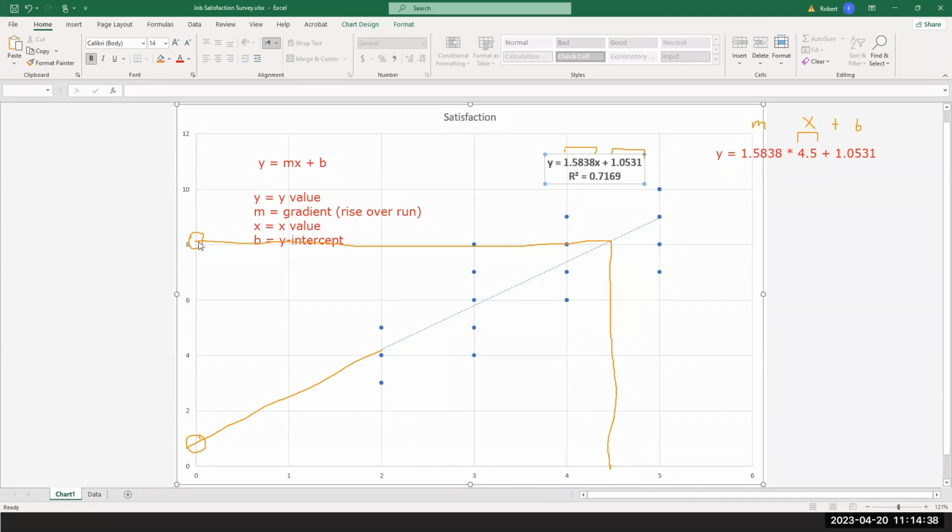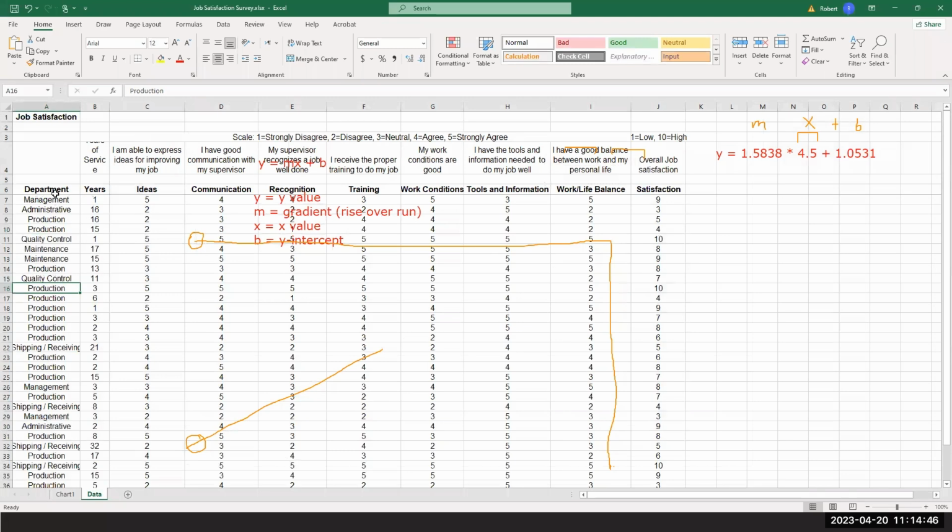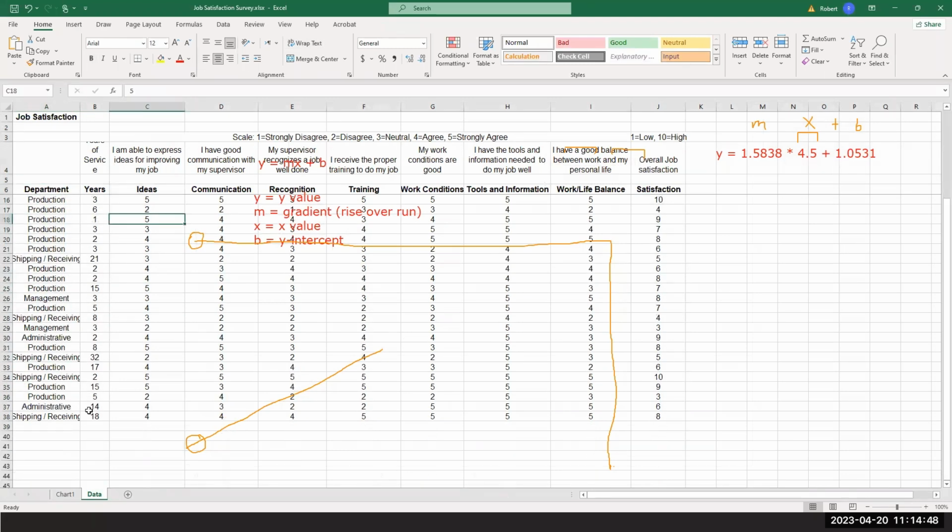So if someone comes into our organization, this looks like a job satisfaction survey for all our employees that work in different departments. If we've got a brand new employee, and we know that employee has rated ideas as, say, 4.5, we can predict that their job satisfaction will be 8.18.